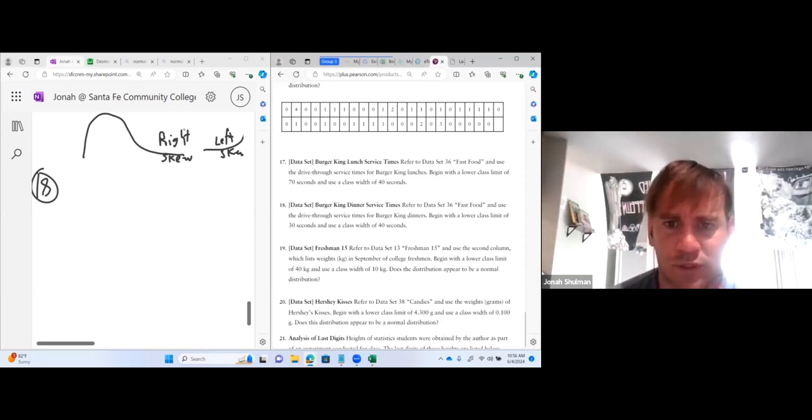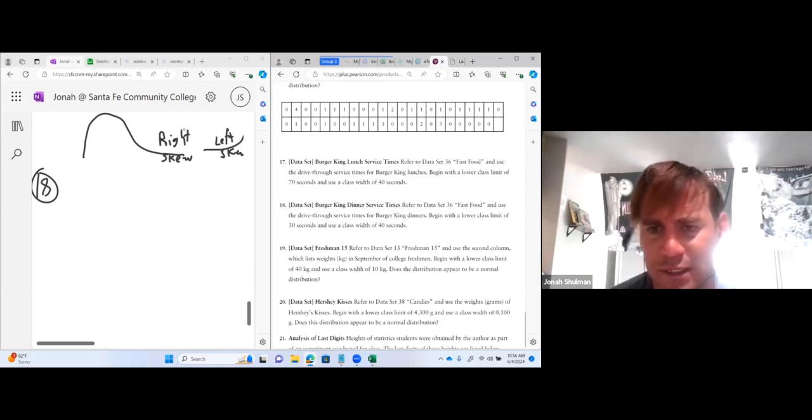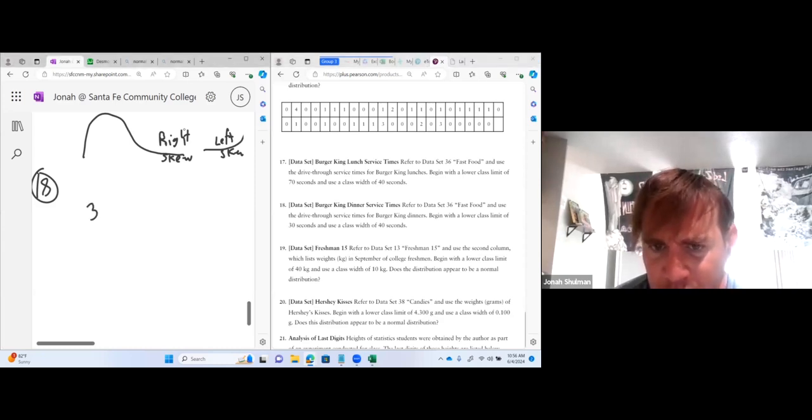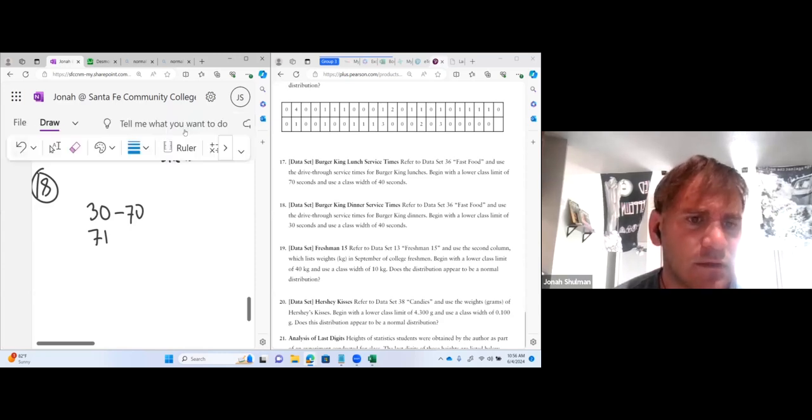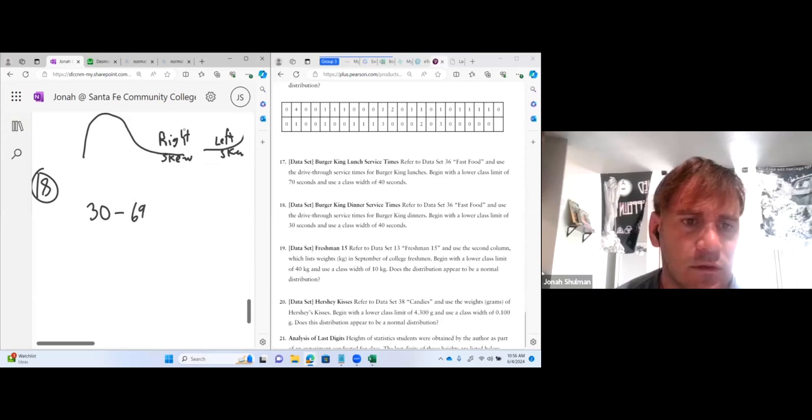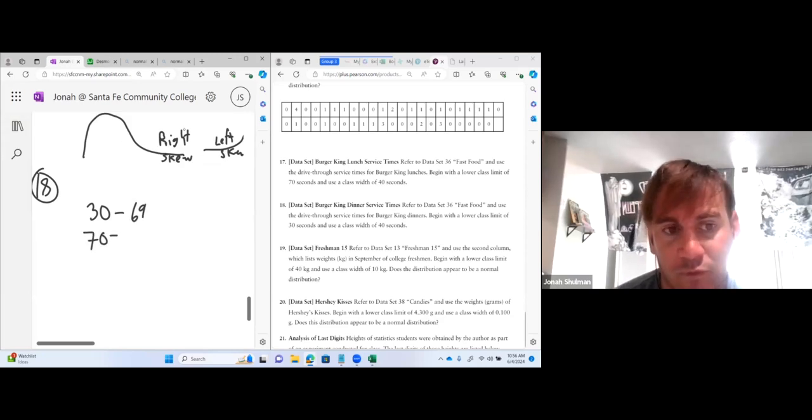All right, cool. So we got to make one. We got to find a data set. And we got to go from 30 and we're going in a width of 40. So it's going to be 30 to 70, I believe 71. Oh, sorry, for 40. So it's 30 through 69. Then 70 through, and then we got to add 40 to that.